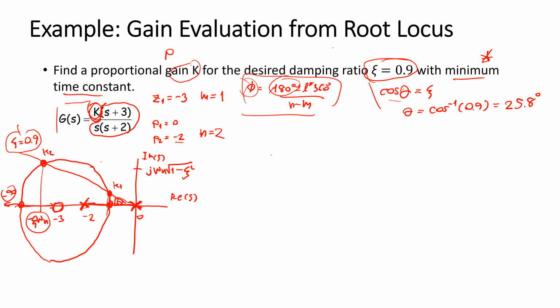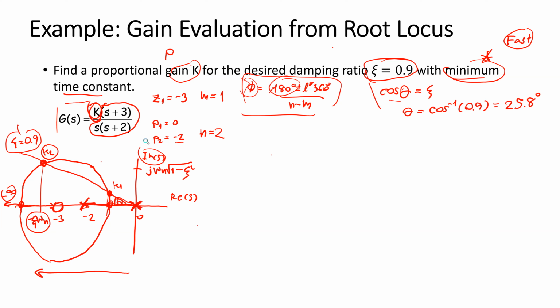The fast system, the minimum time constant, should be this solution. If the pole is very far to the left-hand side from the imaginary axis, the system is gonna be fast. But if the pole is close to the imaginary axis, the system is gonna be slow.